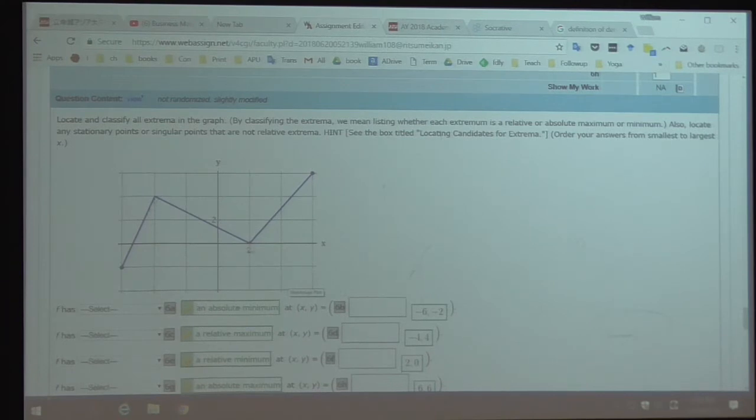And the same thing for here, right? A relative minimum, or a local minimum. So we have these terms. It's just language that makes our discussion handy.